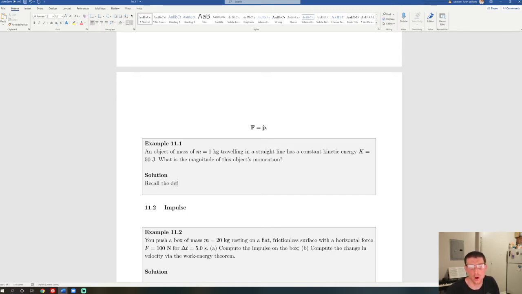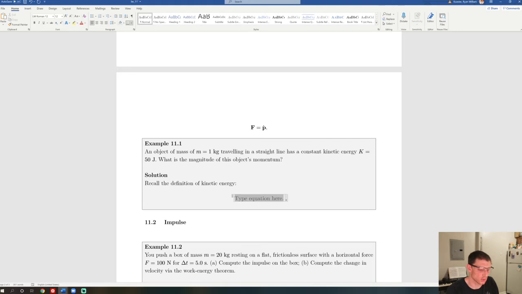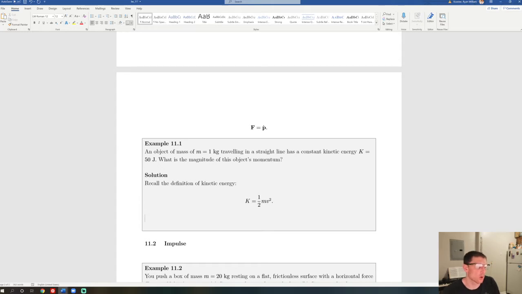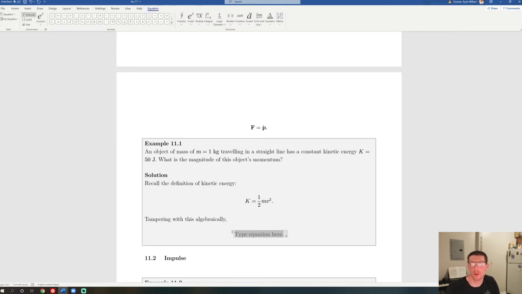So let's recall the definition of kinetic energy, and it's just K is 1/2 mv squared, right? And so we're going to tamper with it a little bit algebraically. And it's okay if you would never have thought to do this, right?